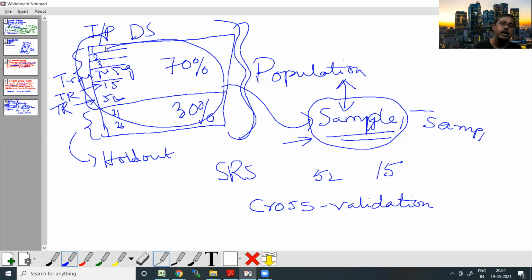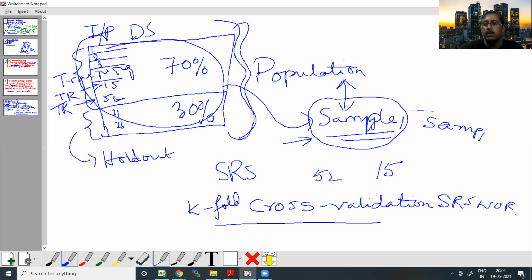Each time one fold is marked as test data and the remaining k minus 1 folds as training data. This is how I do k-fold cross validation. This is a concept where I use SRS WOR, or without replacement.